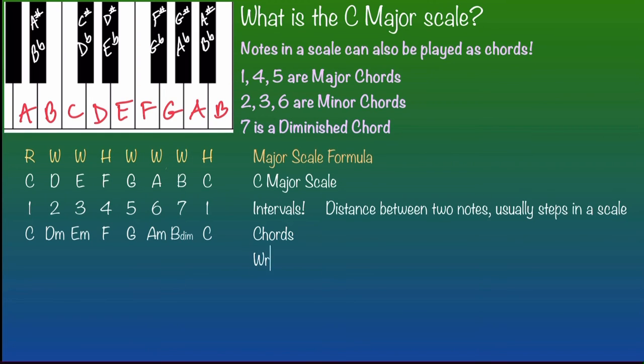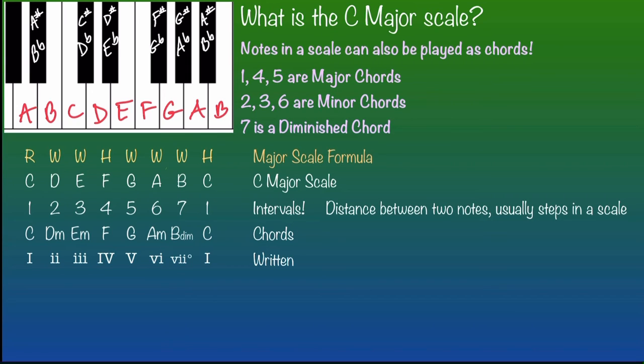So if we were to write it down, C would be the one chord, C major, D minor, lowercase 2, E minor, lowercase 3, F is 4, G is 5, A minor, lowercase 6. B diminished, you'd get the 7 with the little circle, and C brings us back to a capital 1. You'll see it written down like this a whole bunch.